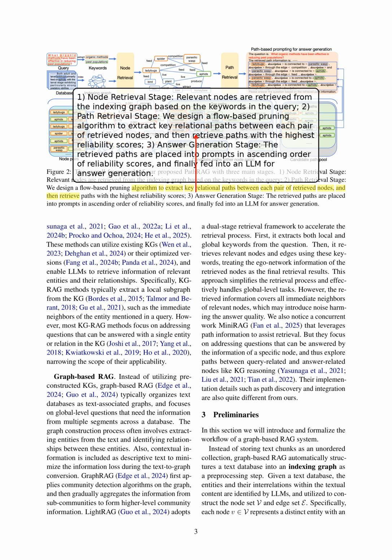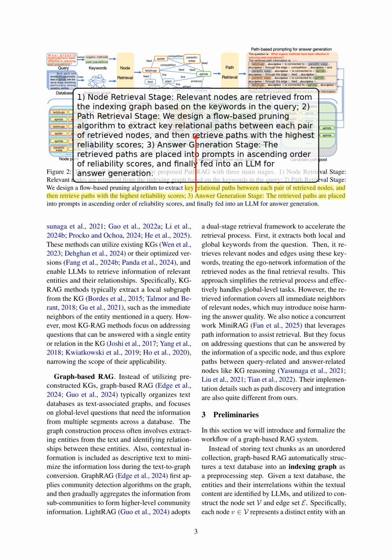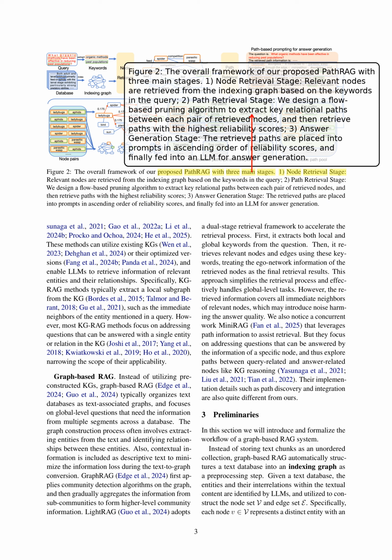Exactly. And it does this through a three-stage process. Three stages. Yeah. The first is called node retrieval. PathRAG identifies the keywords in your query and uses them to locate relevant entities in the graph database. It's like starting with a list of potential suspects, our detective analogy. Okay, narrowing down the field. So what happens next?